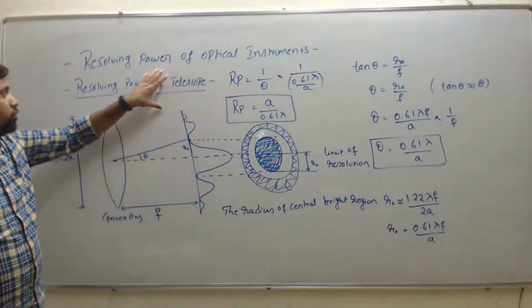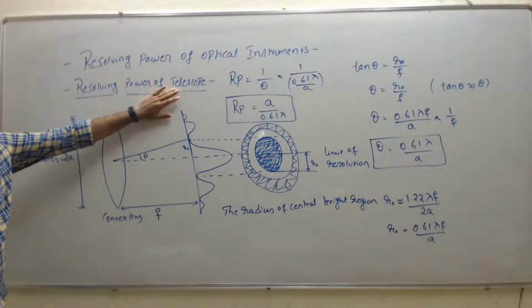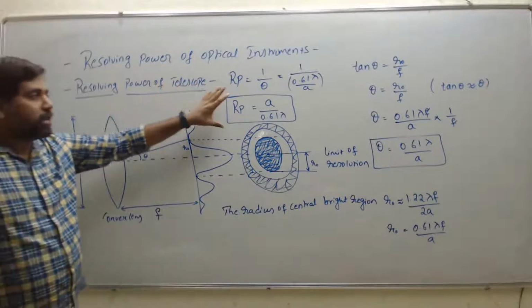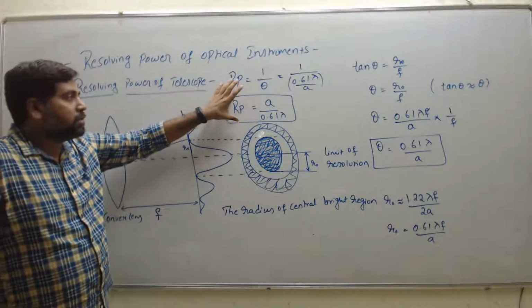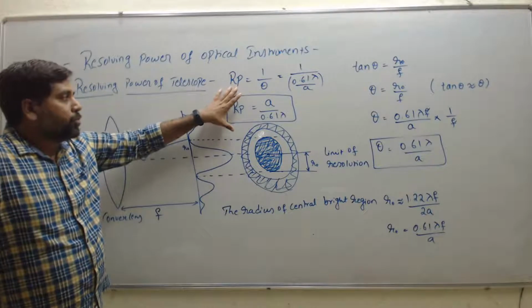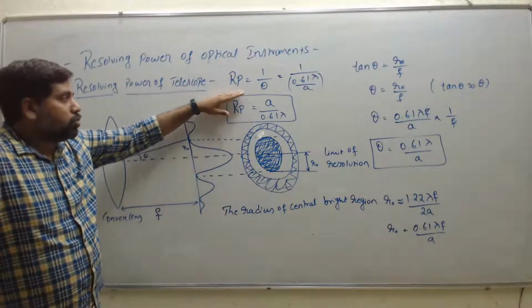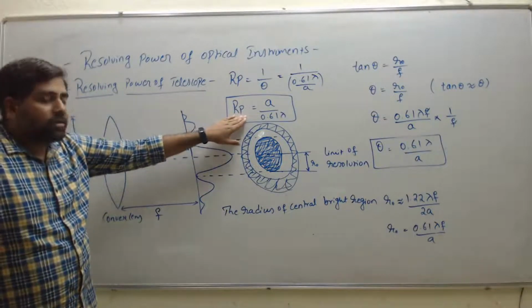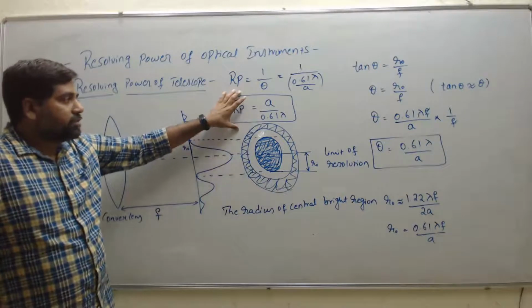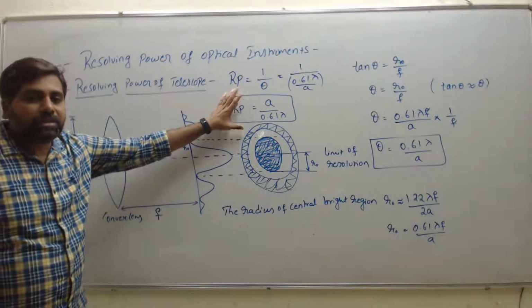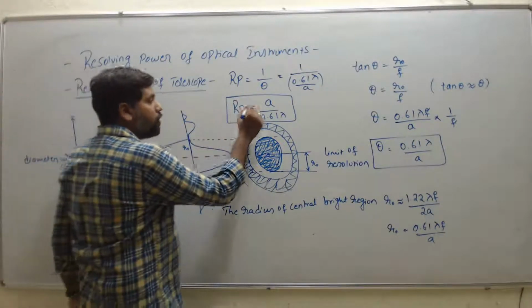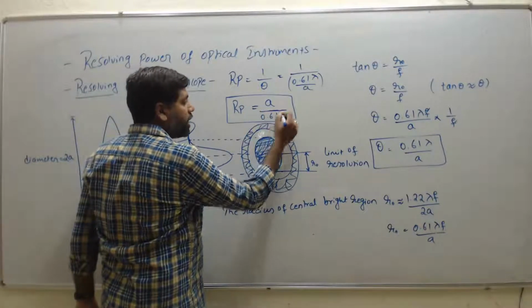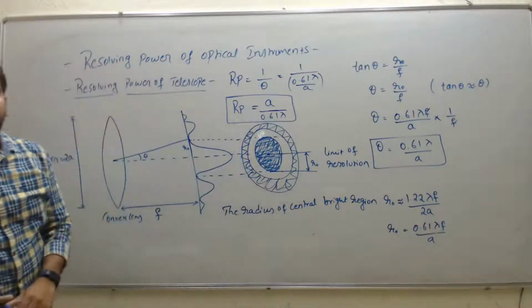That's why we use the telescope. With the telescope we can resolve two stars which are close to each other, that is, we can say that there are two distinct stars. Then we have the formula a divided by 0.61 lambda.